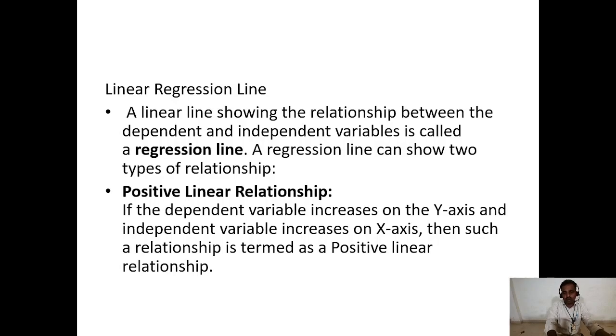What is the positive linear relationship? If the dependent variable increases on the y-axis and the independent variable increases on the x-axis, then such a relationship is termed a positive linear relationship.